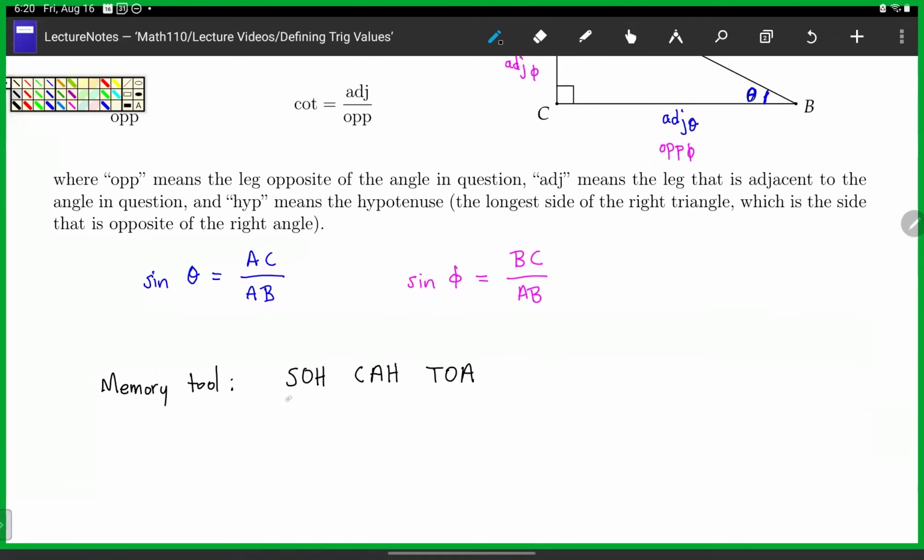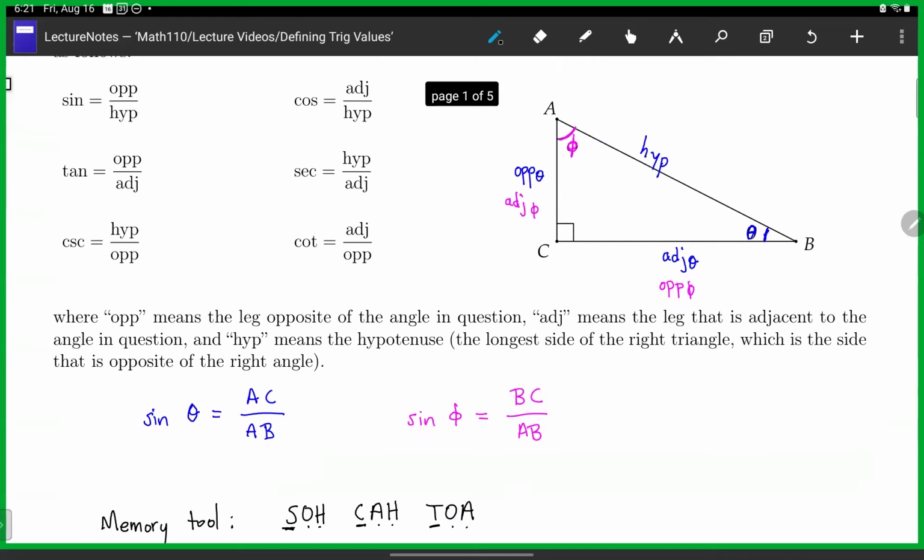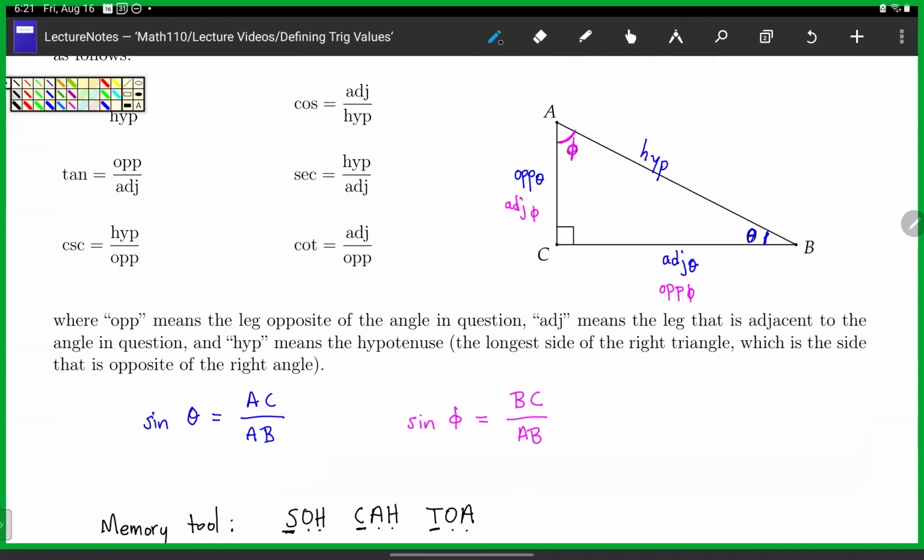So this says that the sine is the opposite over hypotenuse, the cosine is the adjacent over hypotenuse, and the tangent is opposite over adjacent. These ratios are just kind of arbitrarily defined, and so this is just a memory device to keep those straight.